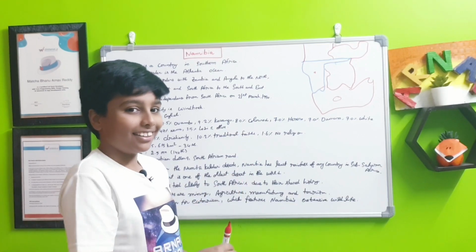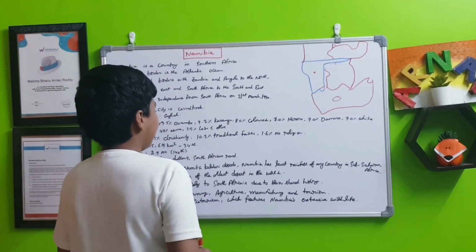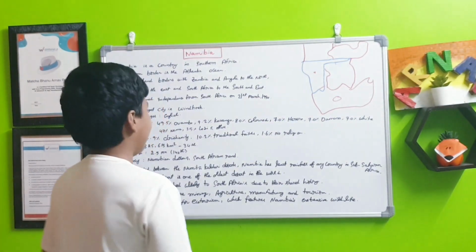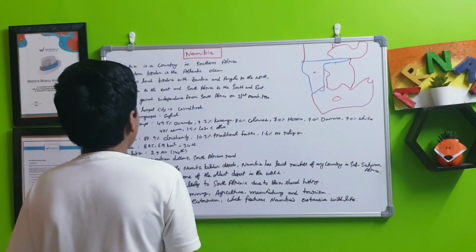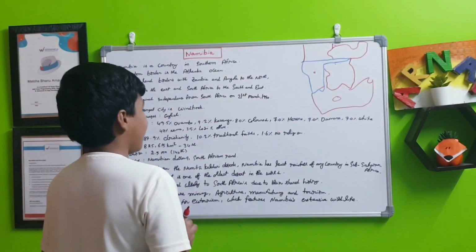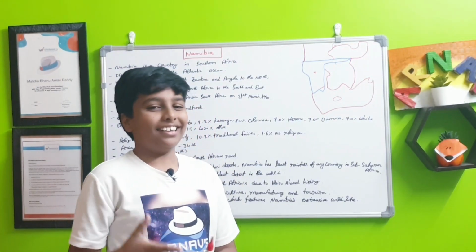Next, 4.7% Nama and 3.5% Lozi and other ethnicities. Next, the religion: 7.9% are Christians, 10.2% traditional faiths, and 1.6% of the population don't have any religion.